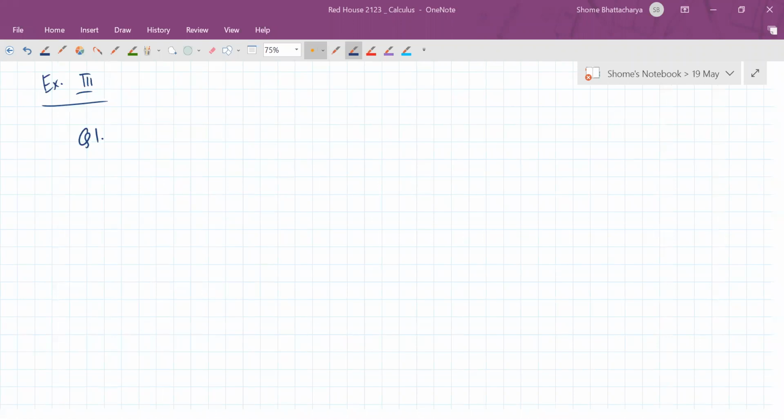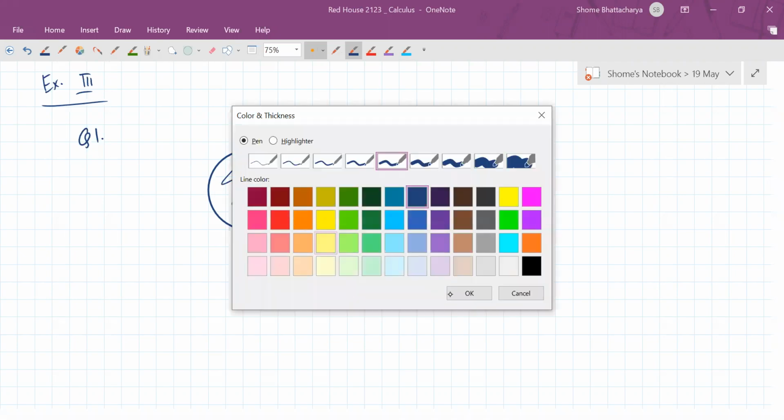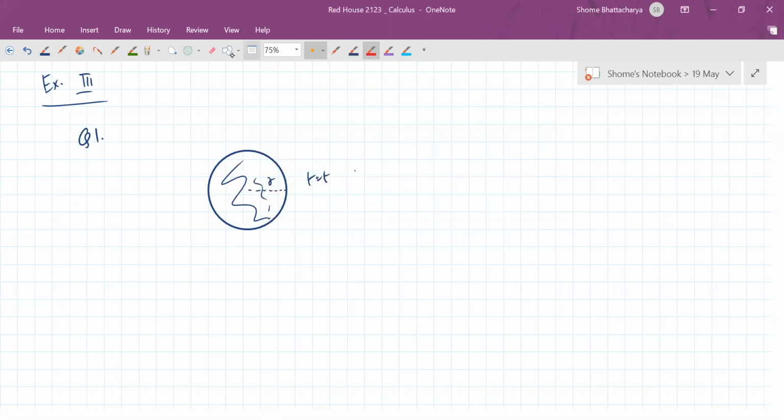So it's saying that we have a circular disk which is being heated and its radius is increasing at a constant rate which is given to us. So we have to find the rate at which its area is increasing, right? So we have a disk like this, which is having some radius, let's say r, at some instant of time t. Now after a little while, because we are heating it, the radius is increased.